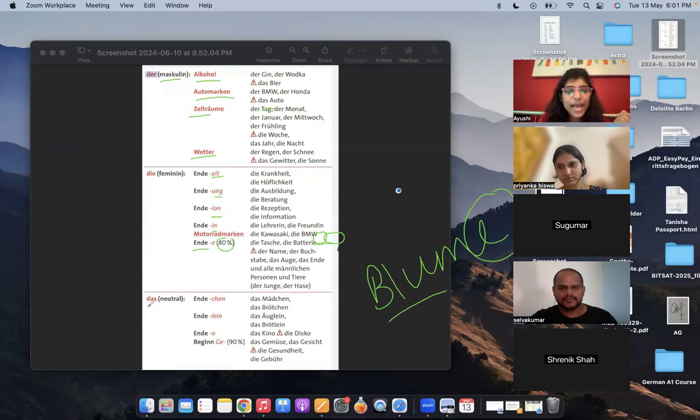And for neutral, when something ends with this, they are neutral. But as I mentioned, this does not cover everything because for others we don't have any rules. We have to remember them. But this covers a lot of cases. I'll send this in the group later on.